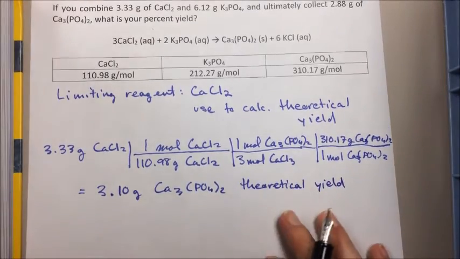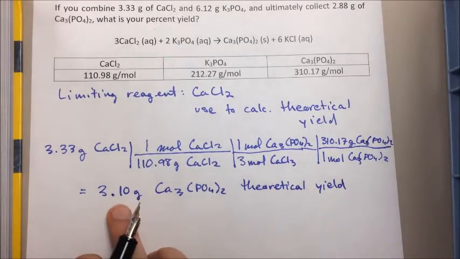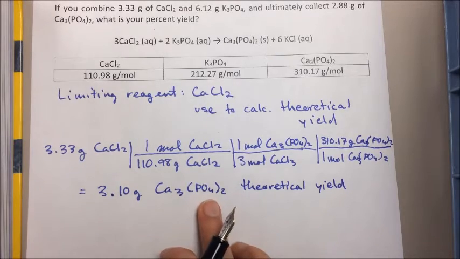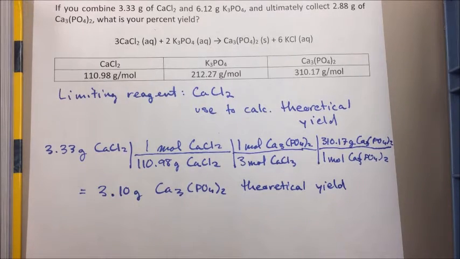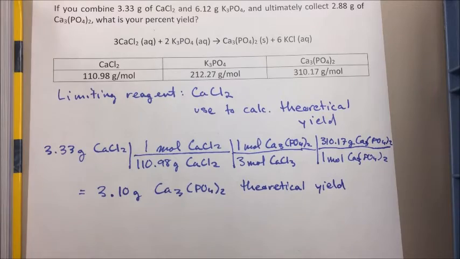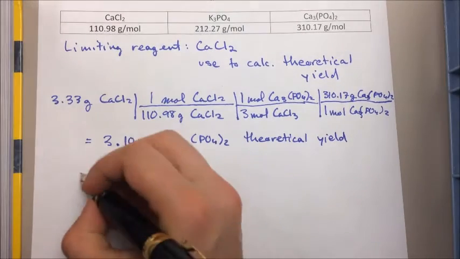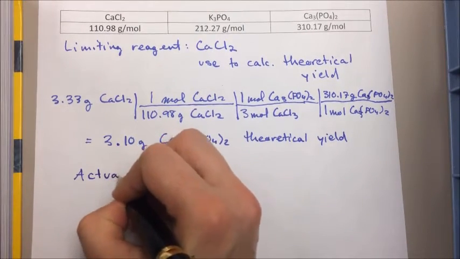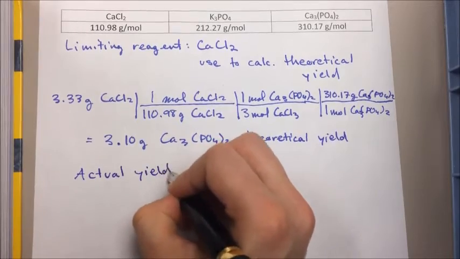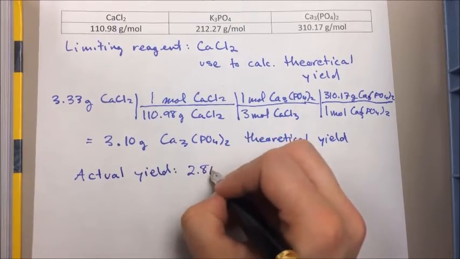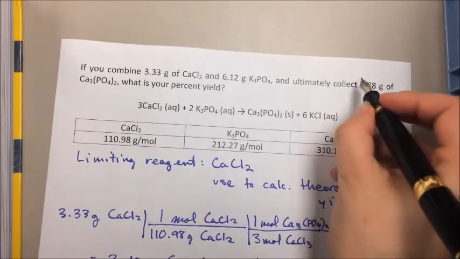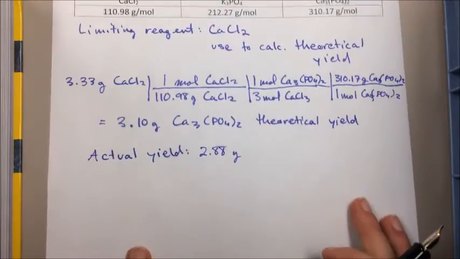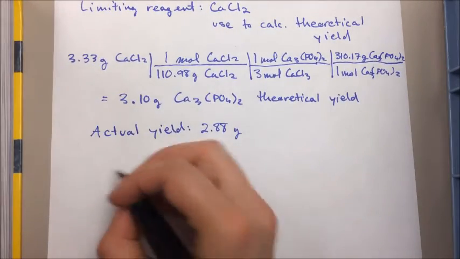So according to just stoichiometry, this is how much calcium phosphate we would expect to get if the reaction went perfectly. But because real life isn't perfect, our actual yield was only 2.88 grams, as you can see up here in the problem. Well, now we need to calculate a percent yield.